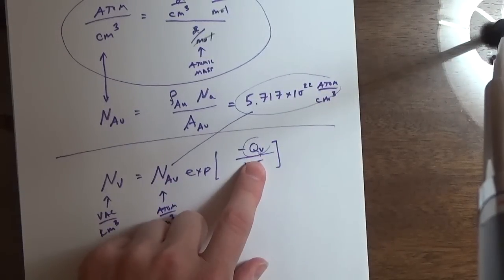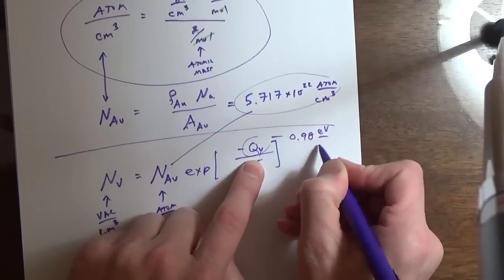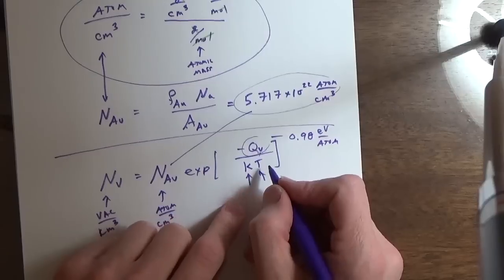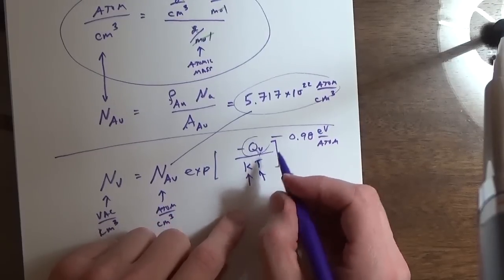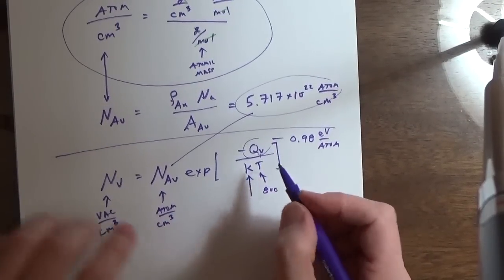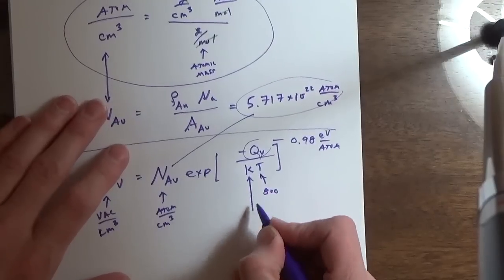So we now have this. That QV was given as 0.98 eV per atom. T, this is 800 plus 273 K. And K is the Boltzmann constant, which I don't remember offhand. Let me look it up, I got it written down.